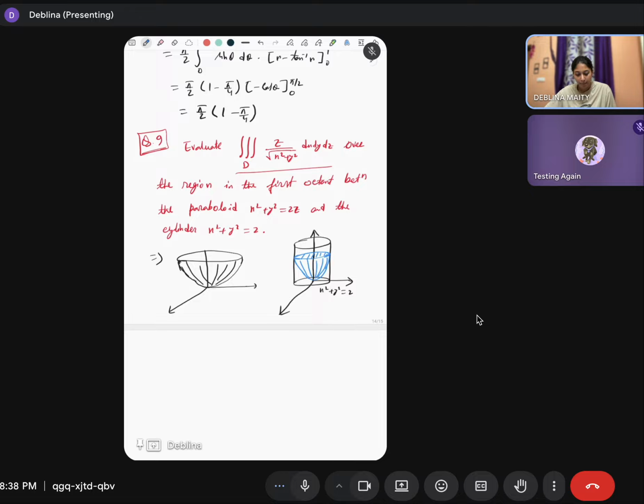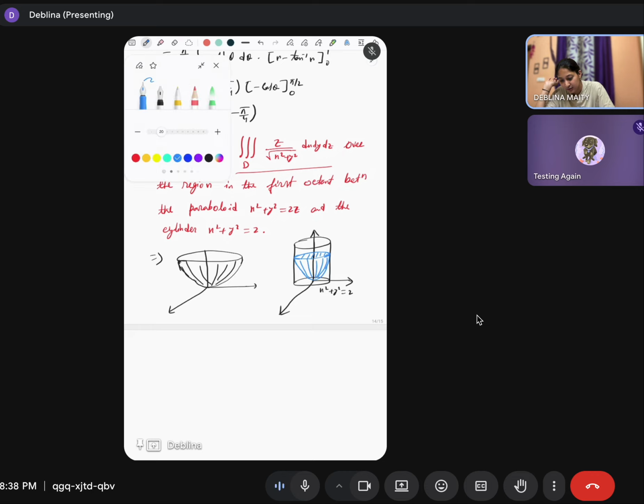So I have to find the region between these two, this paraboloid and this cylinder. This is under this paraboloid and over this cylinder, this portion actually. So if I draw it again.